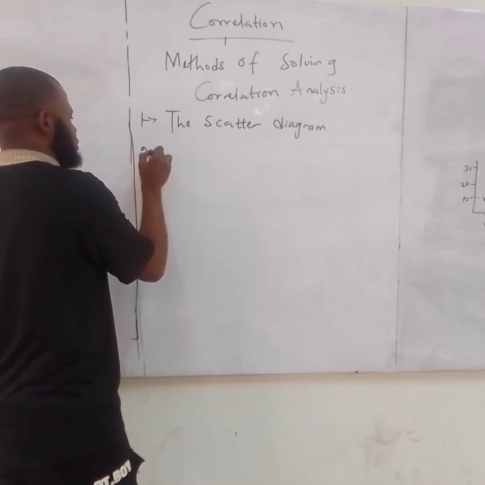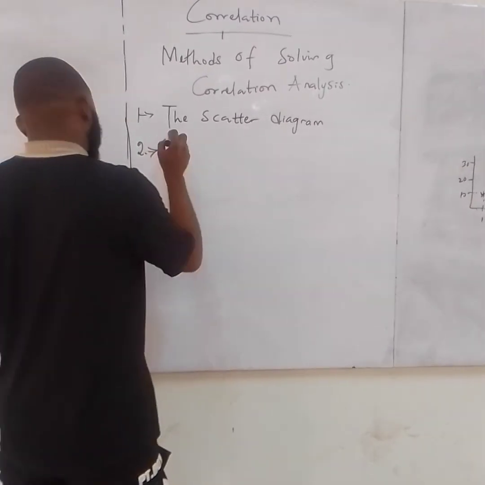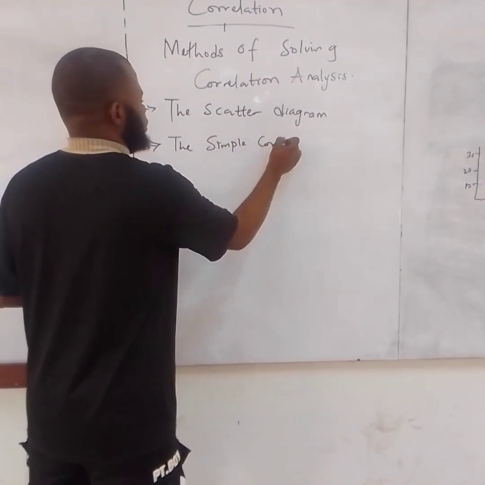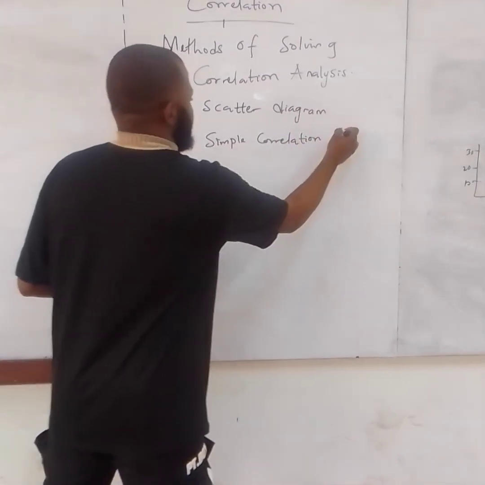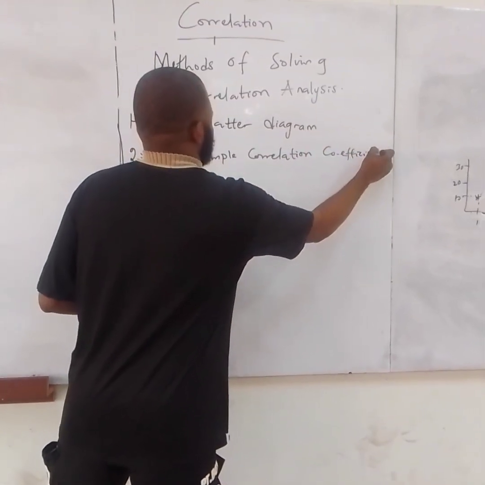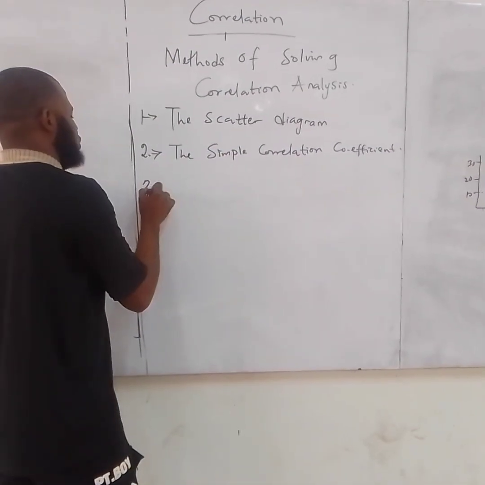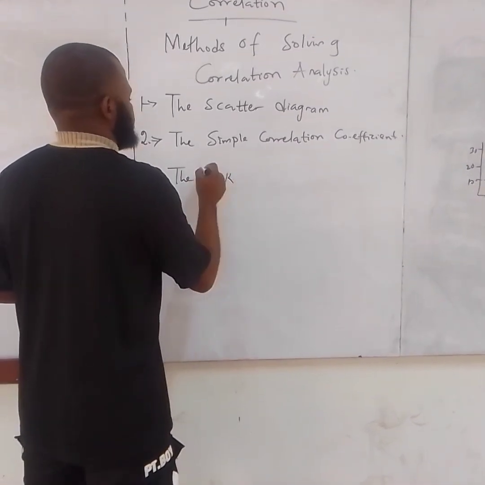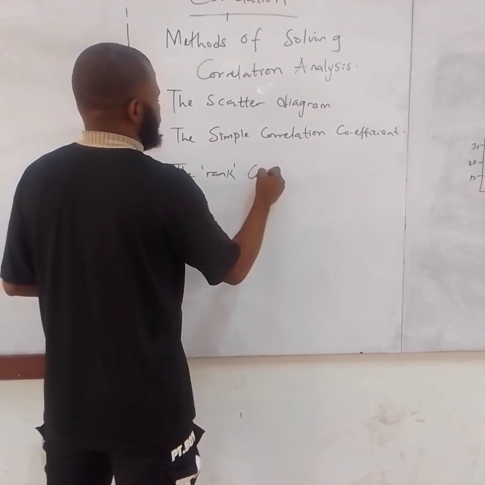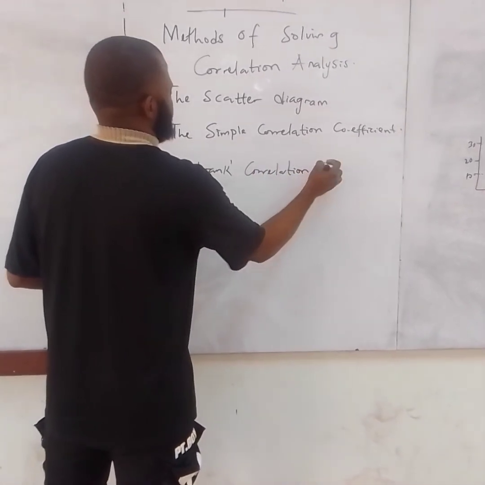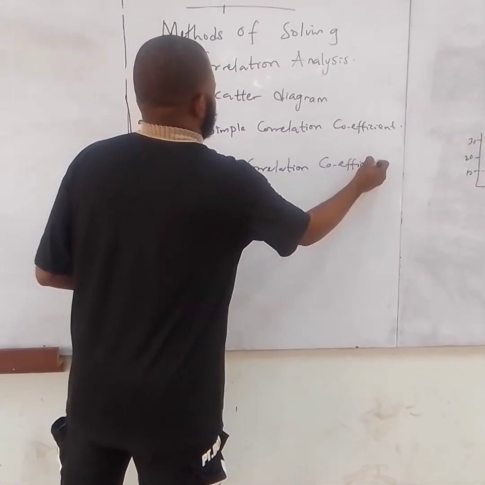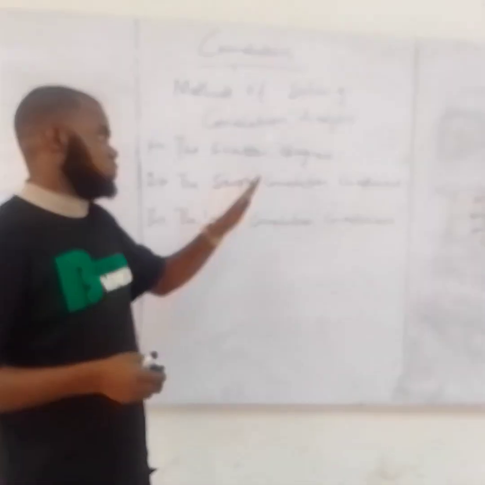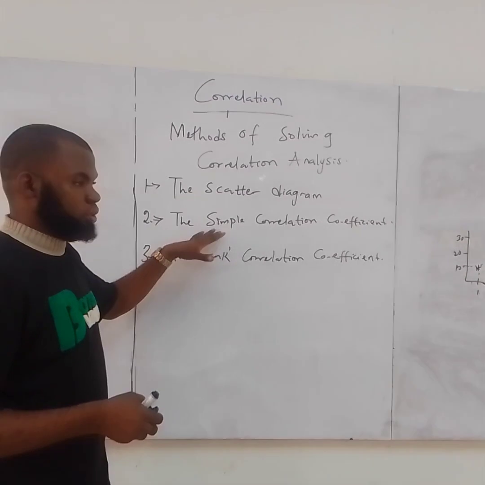The second one is the simple correlation coefficient. The third one is the rank correlation coefficient. I will take a look at them one after the other, starting with the first.